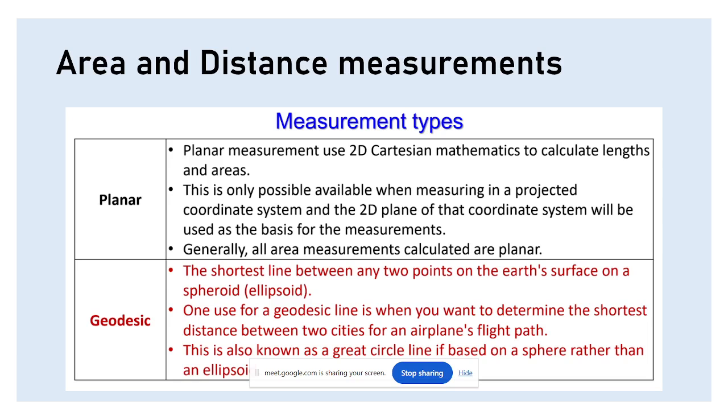Planar measurement is basically doing the measurement in 2D. Planar is like the XY plane, or if you are familiar with the XY plane, YZ plane, or ZX plane. So it's two-dimensional, only 2D.